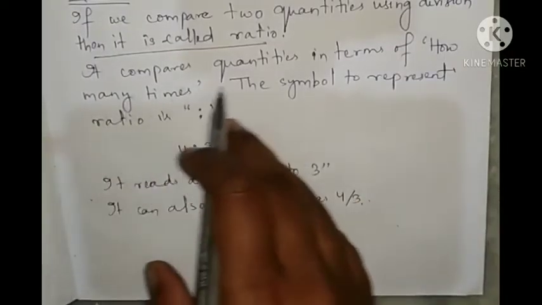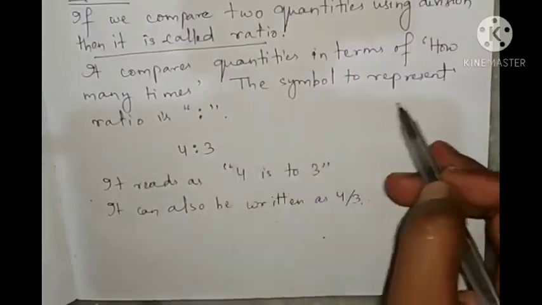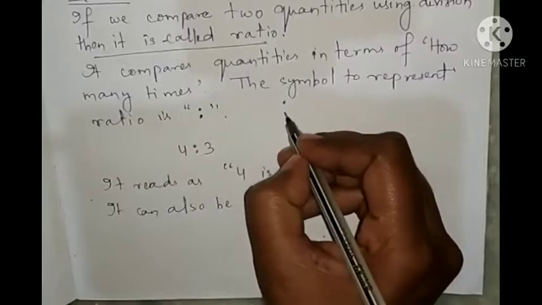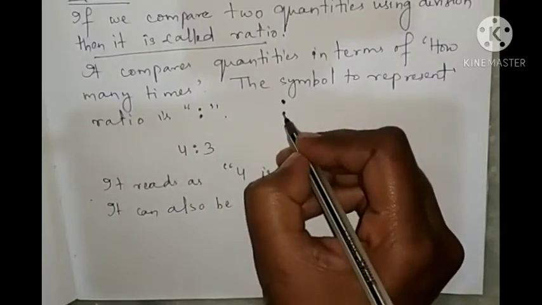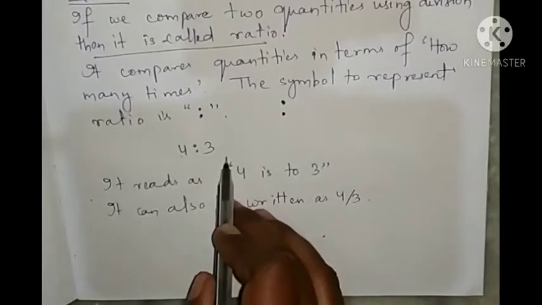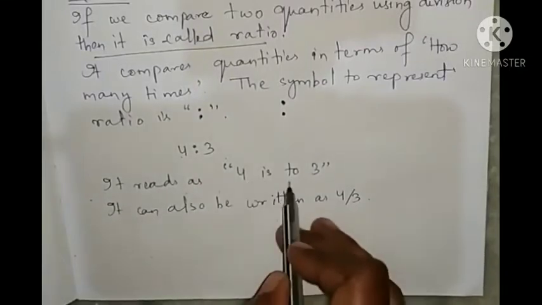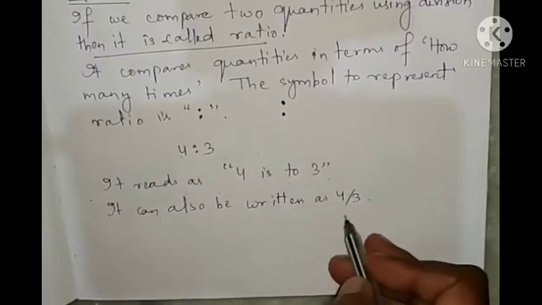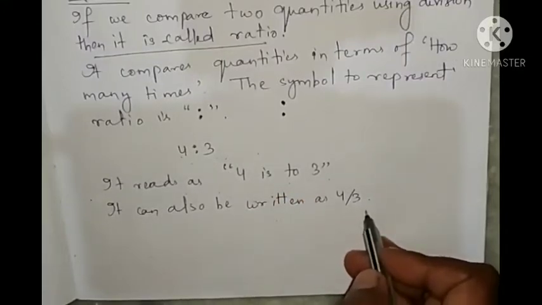The symbol used is this, the ratio symbol. You can write it like this. It reads as 4:3. How will you read? 4:3. And it can also be written as 4/3.